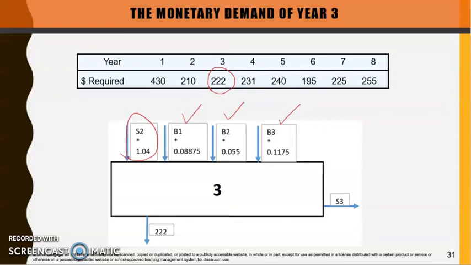The only difference is that since we put S2 at the beginning of year 2, the amount of income that we have here is 1.04 S2, and it is the amount of investment at the beginning of year 3, and this is our obligations.